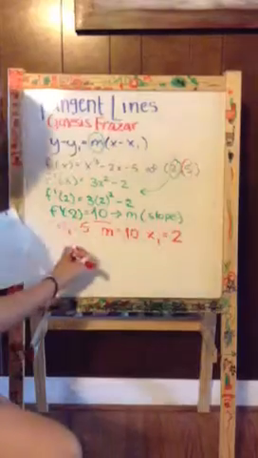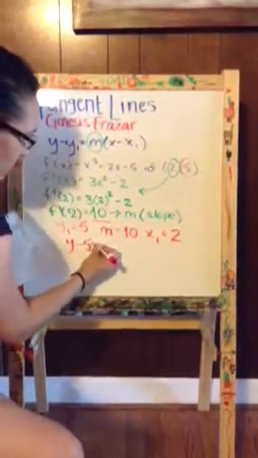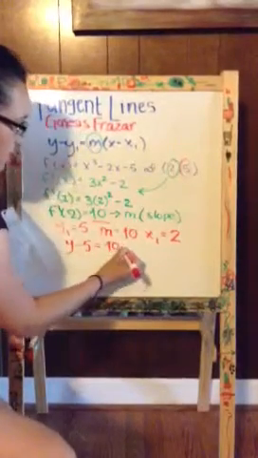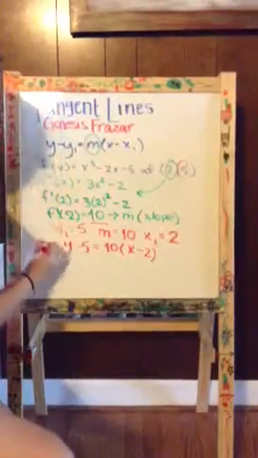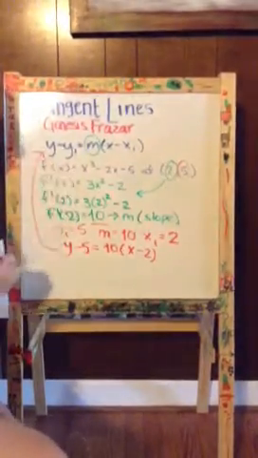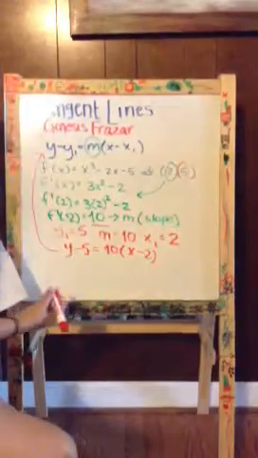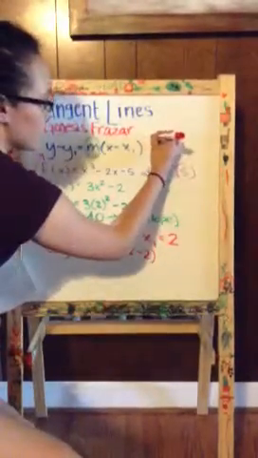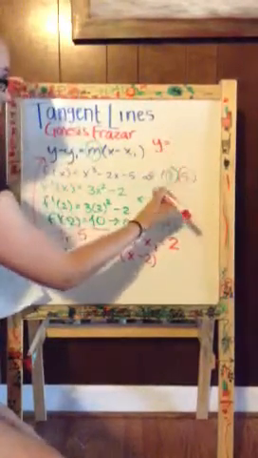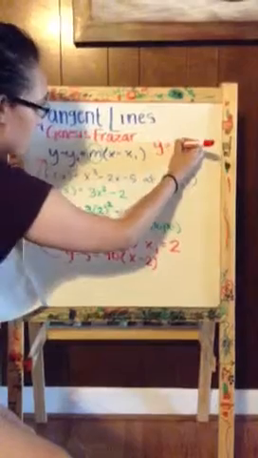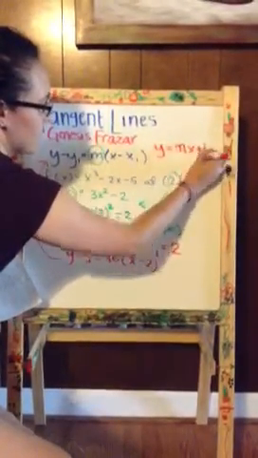So from here, we will plug in all these numbers. Y minus 5 equals 10 times x minus 2, following the tangent line formula. From here, we will solve for y, trying to find the ultimate tangent line, y equals mx plus b.